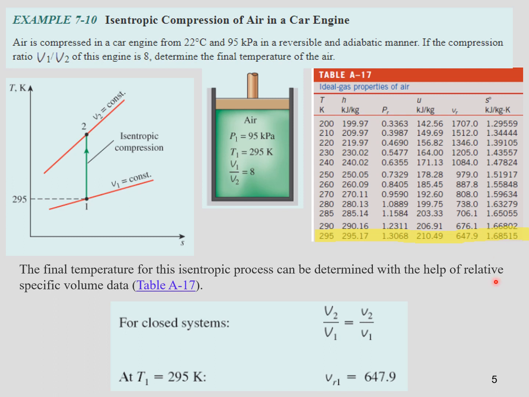For closed systems, the volume ratio and the specific volume ratio are proportional. At T1 of 295 Kelvin, we can look up the relative volume, which is 647.9.